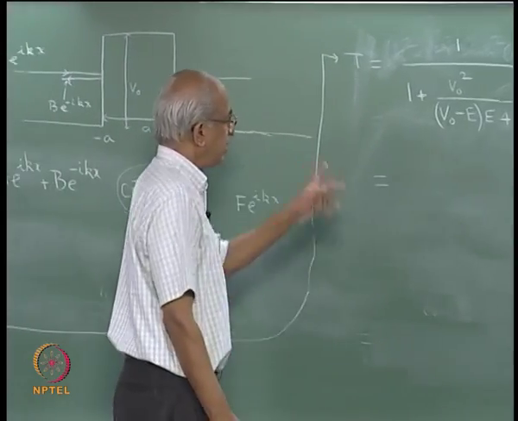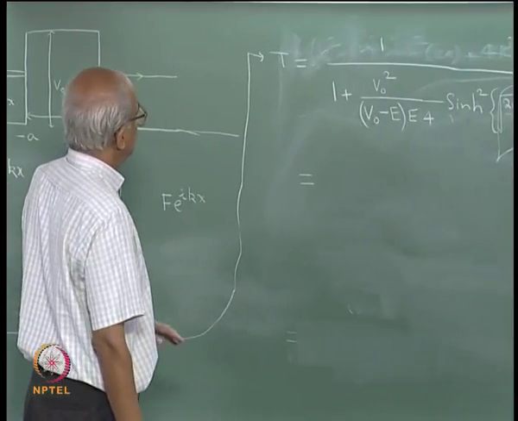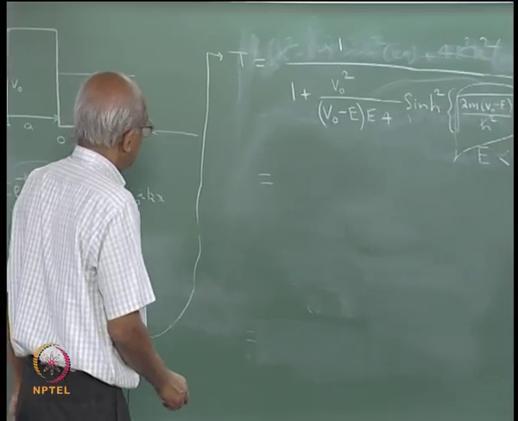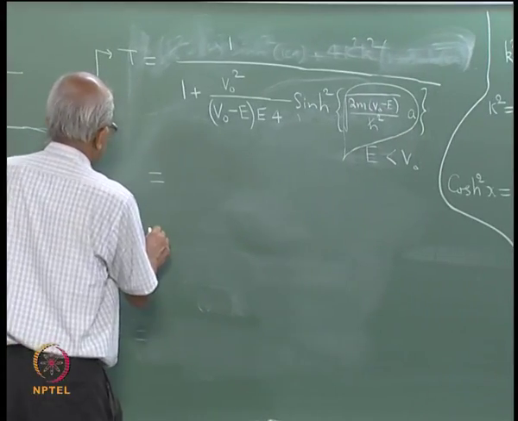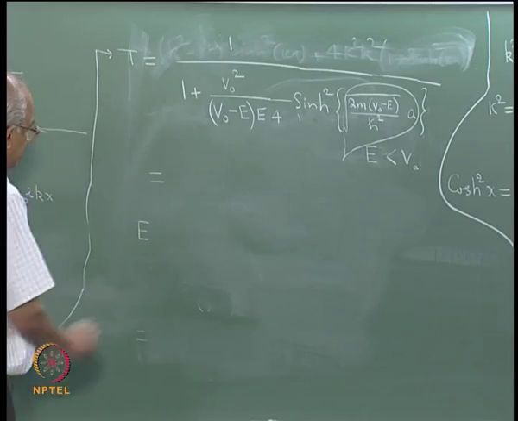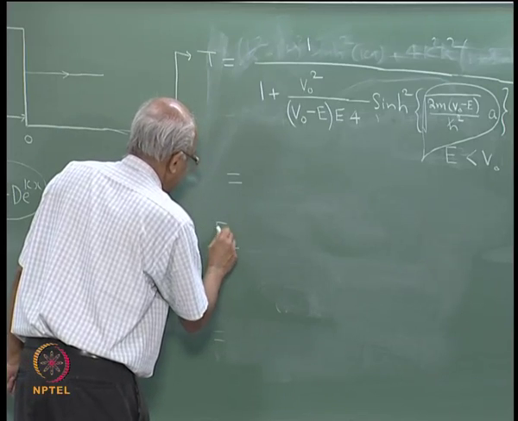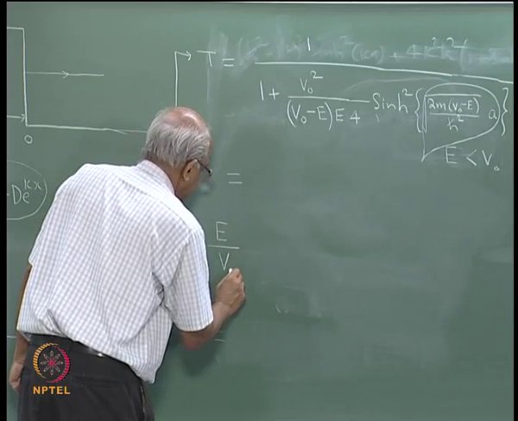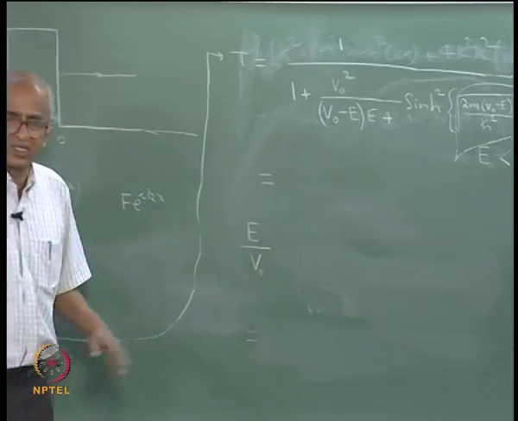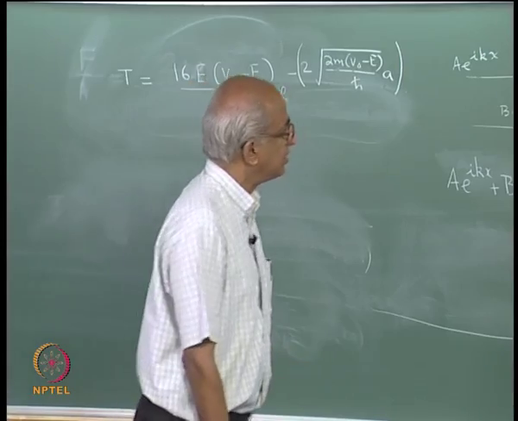And in order to make the plots, you see, I shall make use of some variables which do not have dimensions. So, what I shall do is I shall measure the incident energy of the particle. Incident energy of the particle is E. So, I shall think of having the variable E divided by V0, and you can see E is energy, V0 also is energy. So, E by V0 is dimensionless.